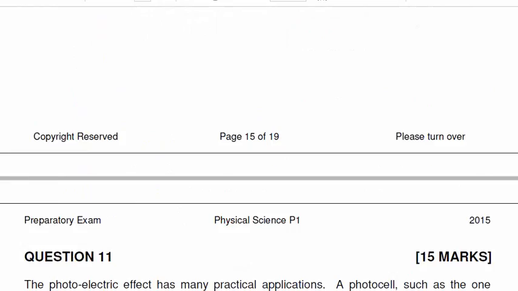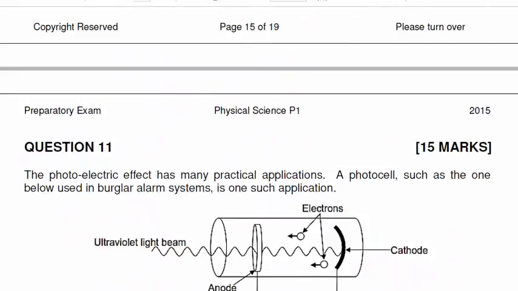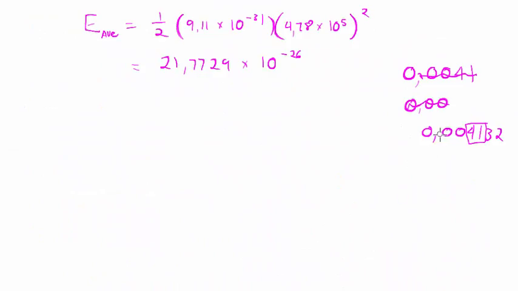But even if your answer did come to something ridiculously small like this, rather than write it like that, write it in scientific notation: 4.13, now I've rounded to 2 decimal places, times 10 to the power of -3. Okay.